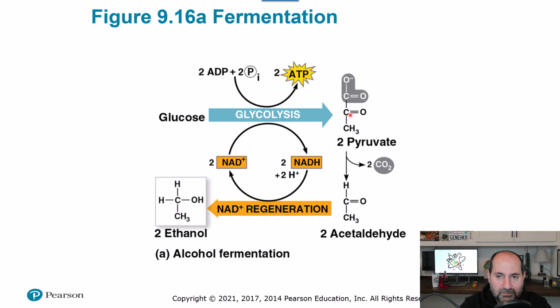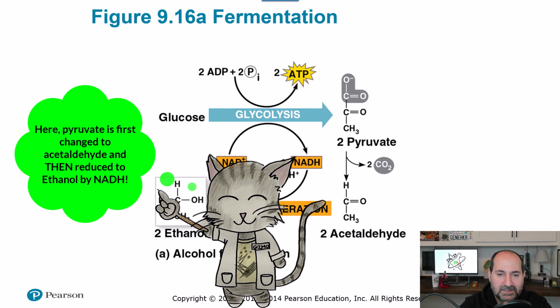However, in this step, we are not directly reducing pyruvate to lactic acid. Instead, pyruvate is first changed to acetaldehyde by removal of CO2. Next, NADH can then reduce acetaldehyde to ethanol, or drinking alcohol. And that's how we replenish our NAD+.